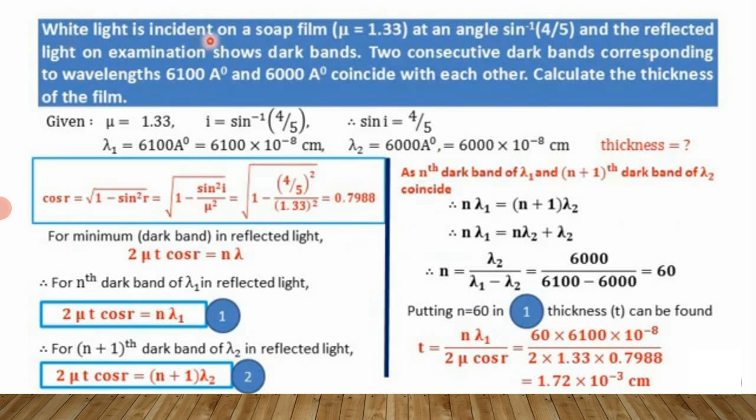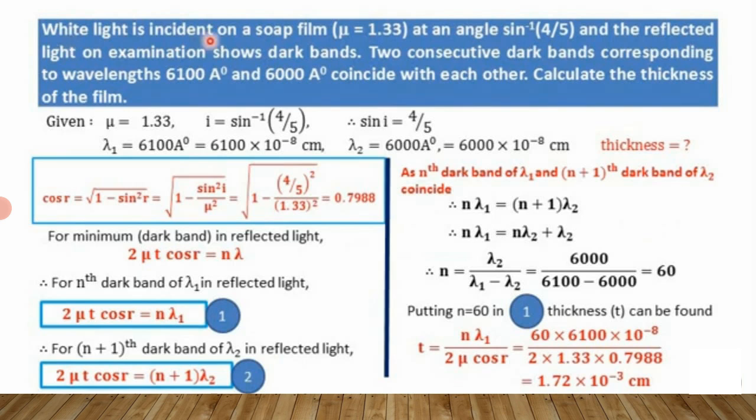As the nth dark band of lambda 1 and the (n plus 1)th dark band of lambda 2 coincide, then n lambda 1 is equal to (n plus 1) lambda 2, so n lambda 1 is equal to n lambda 2 plus lambda 2.